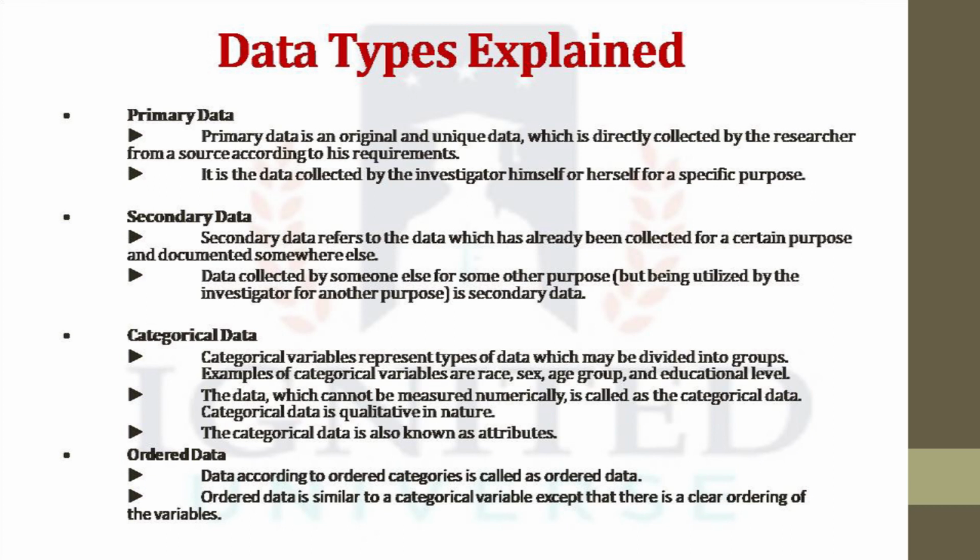Primary data is original and unique data which is directly collected by the researcher from a source according to his or her requirements. It is the data collected by the investigator himself or herself for a specific purpose, whereas secondary data refers to the data which has already been collected for a certain purpose and documented somewhere else.